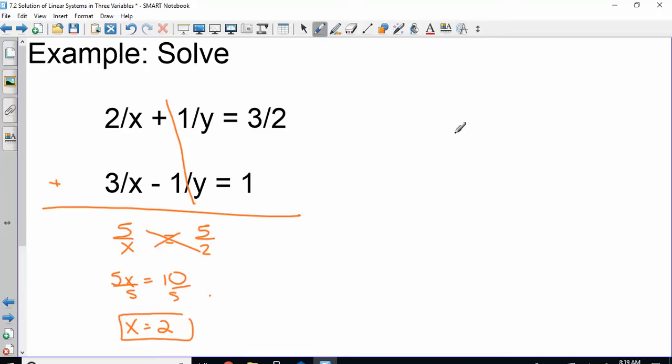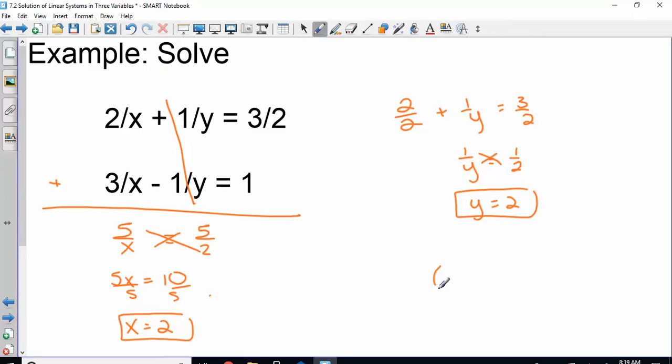So we would get, I put it into the first one. Okay, if you subtract over your 2 over 2, you just get a 1 over 2. Cross multiply and y equals 2. So my answer is the ordered pair 2, 2.